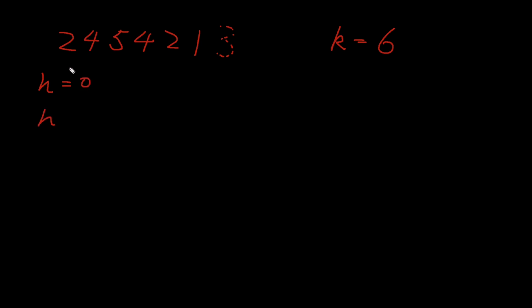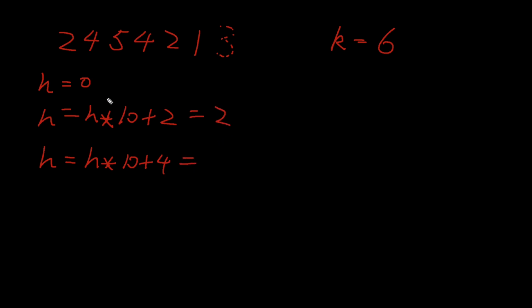At the first time we have 2 here, so h becomes h times 10, remember we are 10 base, and then plus 2. The second time, h is h times 10 again, and then plus 4. So h in this case is going to be 2, and now when we're here, this is 24. That's how we get 24.